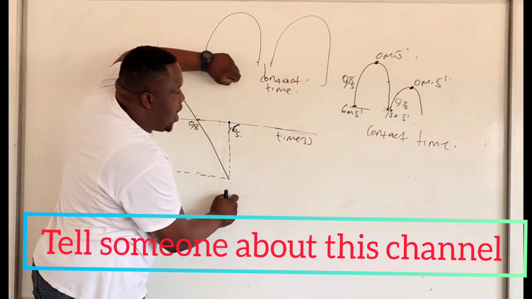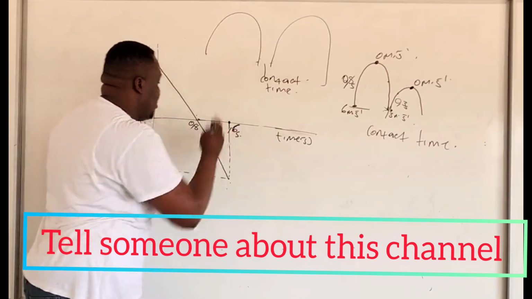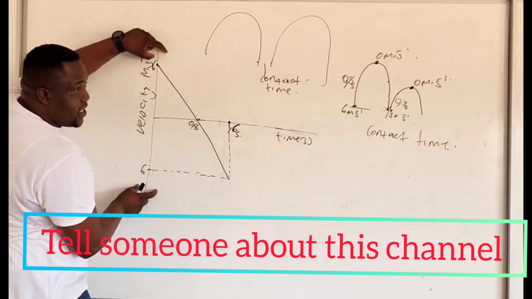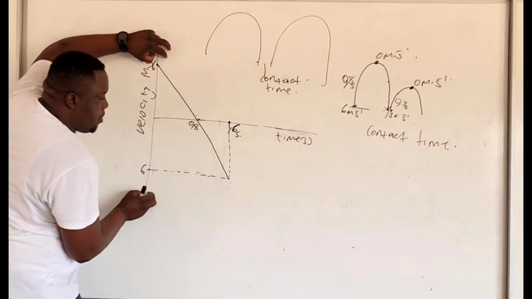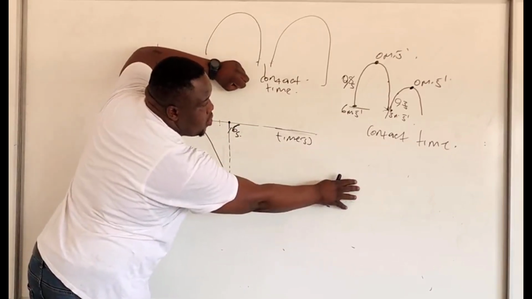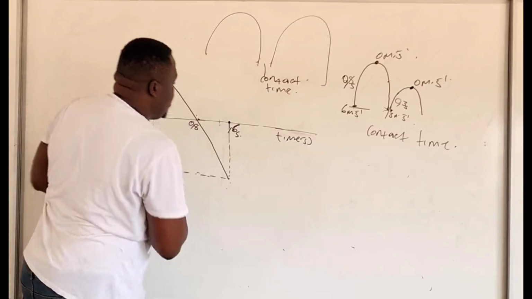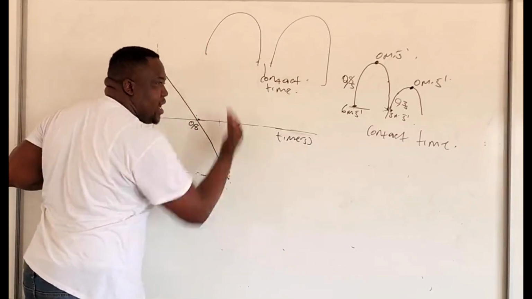Then you start to draw another one with a new y-axis. I am done with drawing the first one, so I take my y-axis, I put it here, then I draw the second one with the new y-axis. So you move your y-axis and put it where the other graph ends.